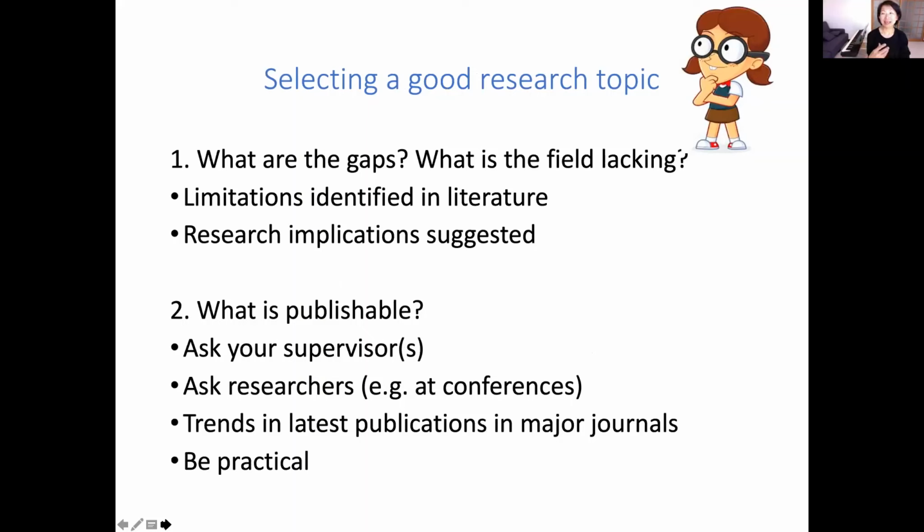Usually it is to look at what has been conducted already, what hasn't been achieved, and then to try to look for the gap. So what is the field currently lacking? Obviously, before I started my doctoral program, I didn't know much. Even after doing the coursework, I didn't know that much. So a lot of the time it is really to read the literature, to see that they identified limitations or problems that they were unable to address in their work.